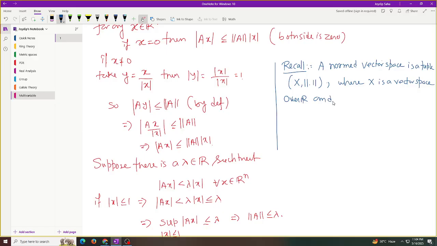And norm from X to R is a function called the norm function.